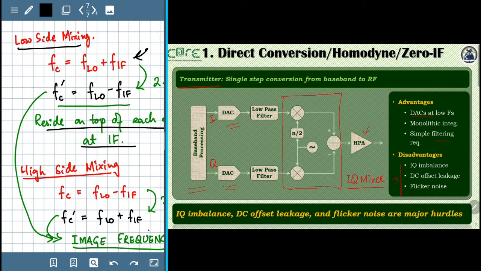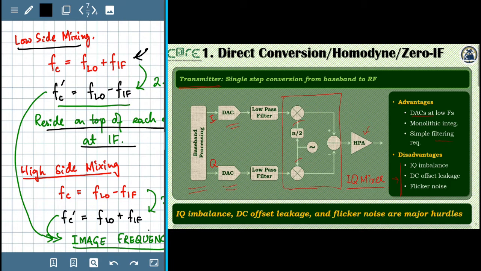We are going to see what IQ imbalance means, but at this instant, let me just say that IQ imbalance simply means that if the in-phase and the quadrature-phase parts of the carriers are not exactly 90 degrees out of phase, that is basically a phase imbalance, and if they do not have equal amplitudes, that is basically the amplitude imbalance. So IQ imbalance refers to both amplitude and phase imbalance of the quadrature carriers.